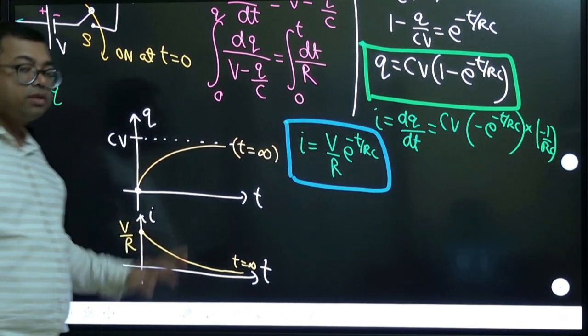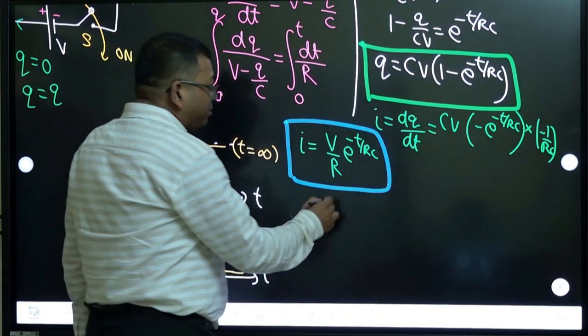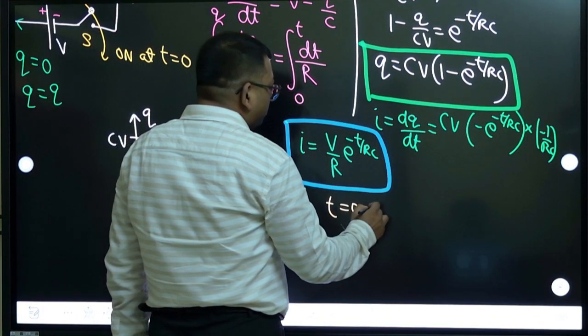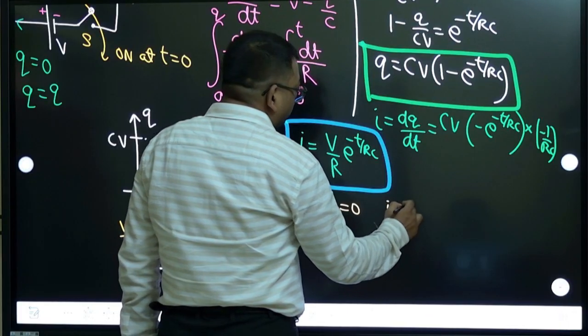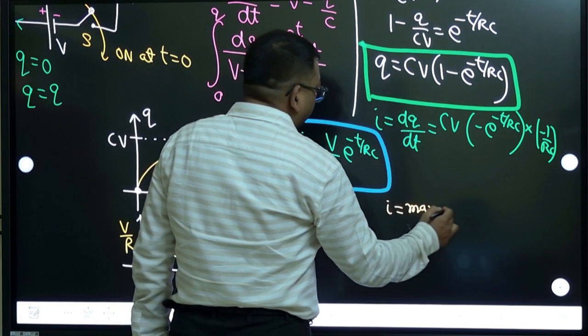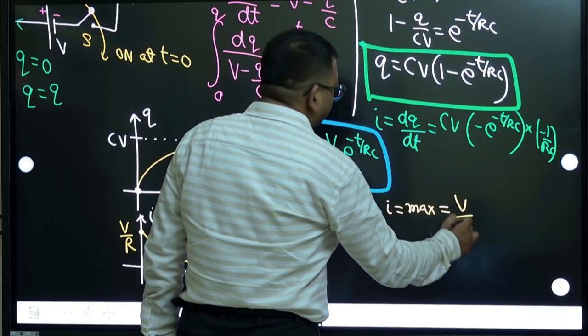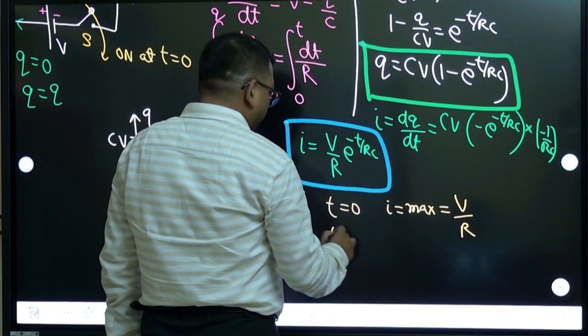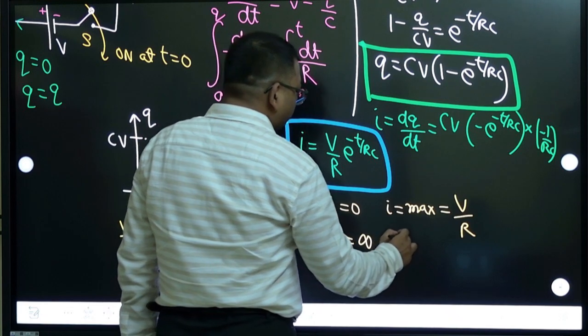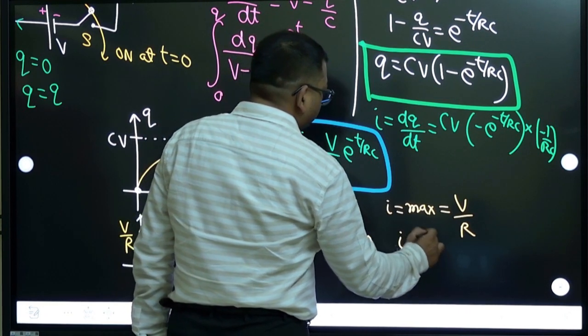So this is an interesting thing to note: at time 0 the current is maximum, that maximum value is V by R, and when time is very, very long, infinity, the current becomes zero.